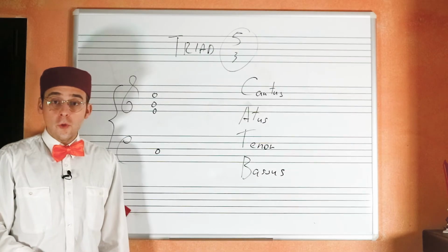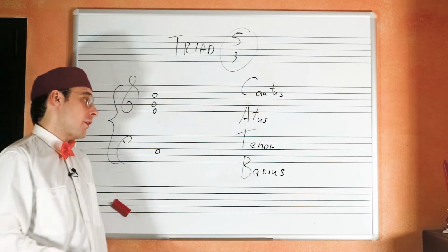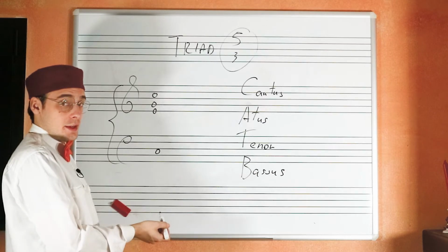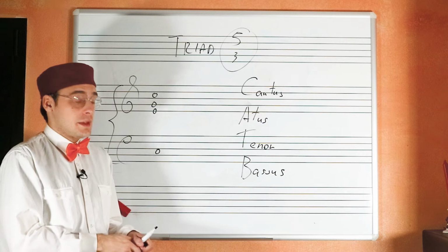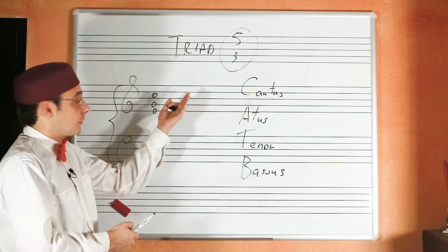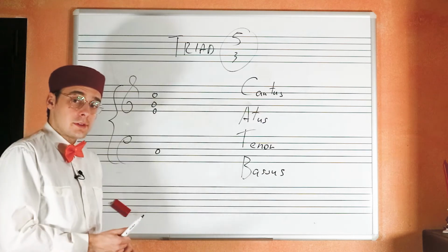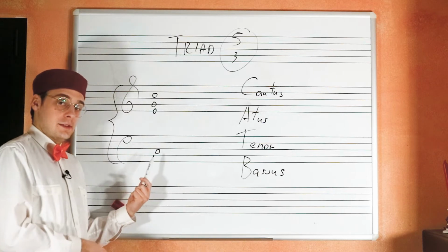As I said before, in harmony realization, we usually have 4 notes, but the triad is composed of only 3 notes. It means that we have to double one of the 3 notes of the triad. It's very important to remember to double only the bass.